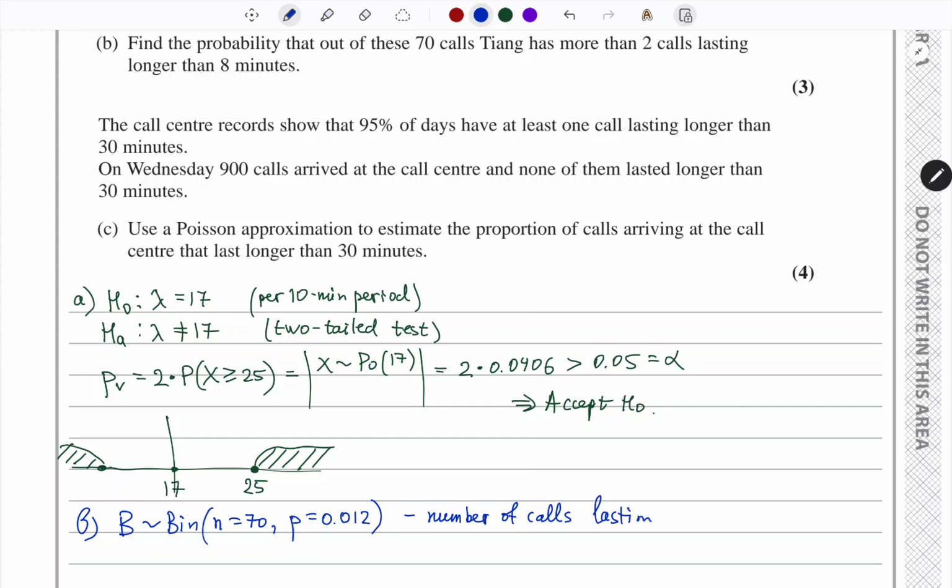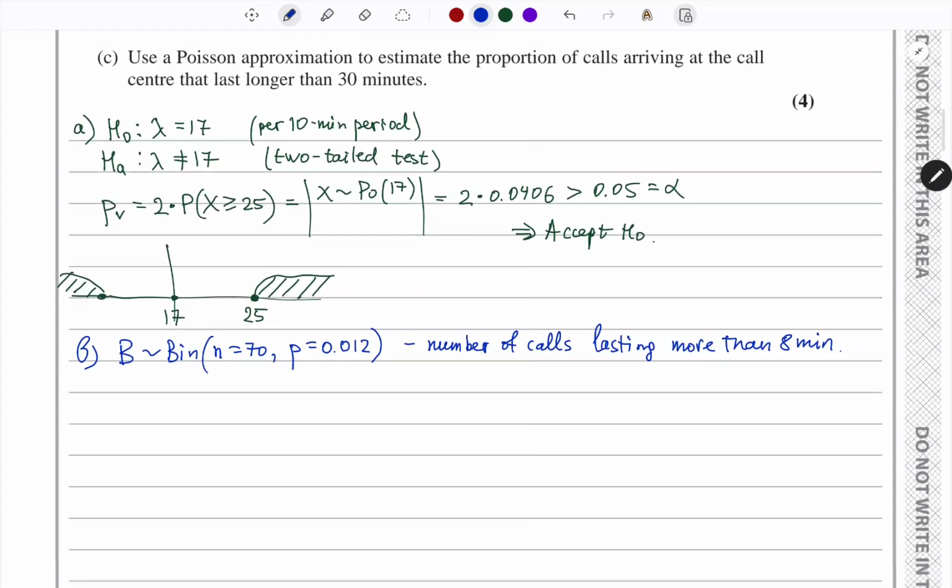So this is the number of calls lasting more than 8 minutes. It's a good habit to define the random variable. I fully defined it by saying its meaning and what distribution it follows.